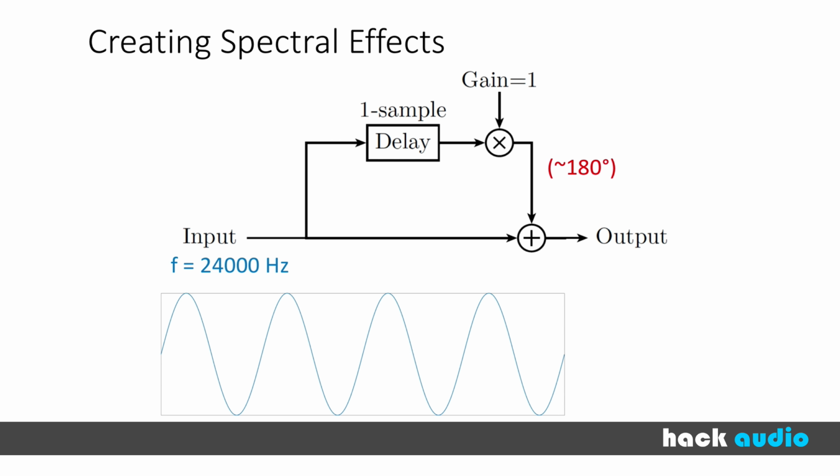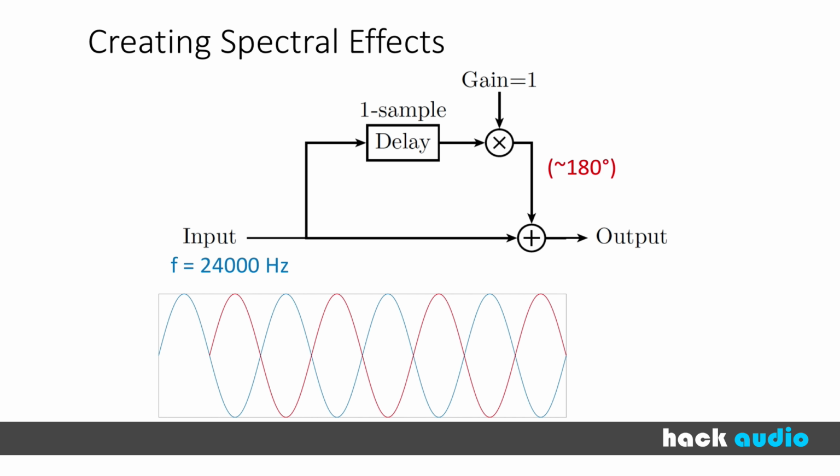So if we were to plot now the red signal that's been delayed on top of our blue signal, it's going to be completely out of phase with each other. So we're going to add together two signals here that are out of phase with each other. How do we describe that? We describe that as destructive interference. When you add them together, the amplitude actually decreases. So we've got some frequencies where the amplitude increases and some where it decreases.